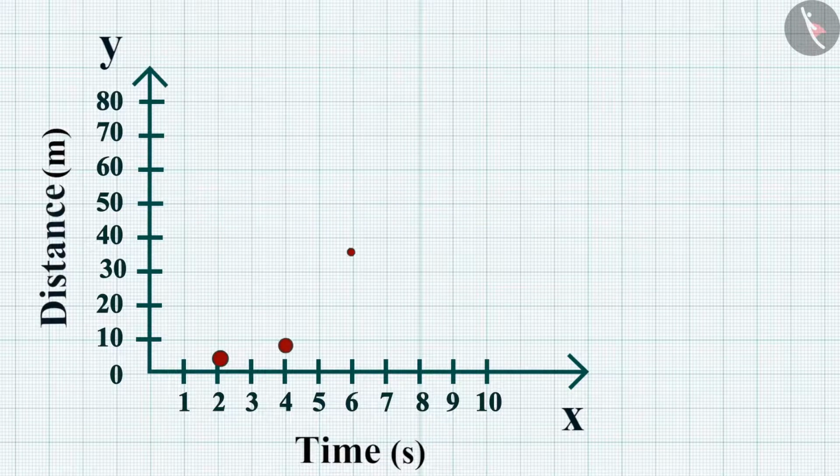Once you plot the points, your graph will look like this. The nature of this graph shows non-linear variation of the distance travelled by the car with time. Thus, the graph shows the motion of an object with non-uniform speed.